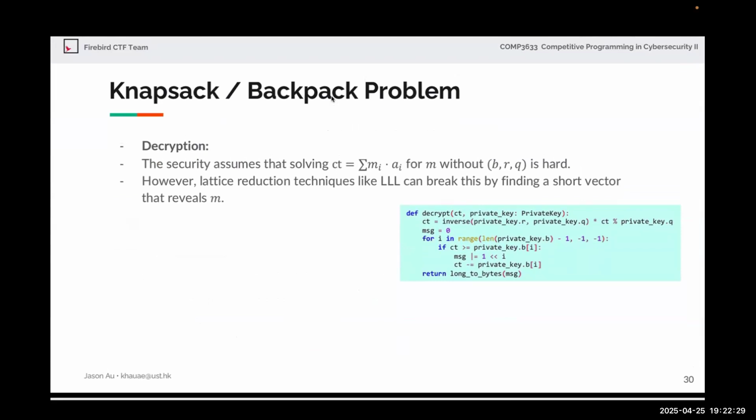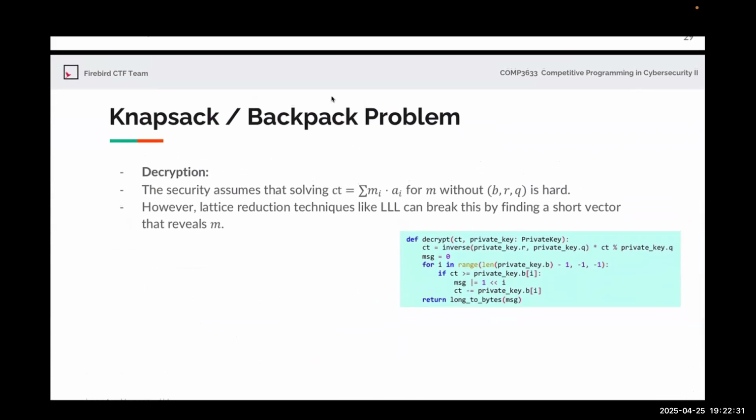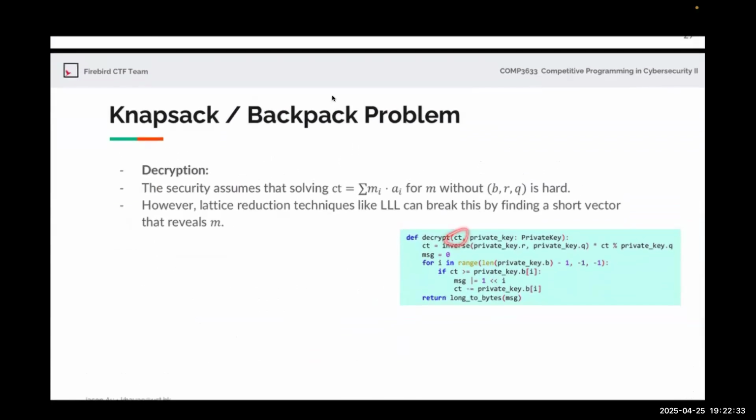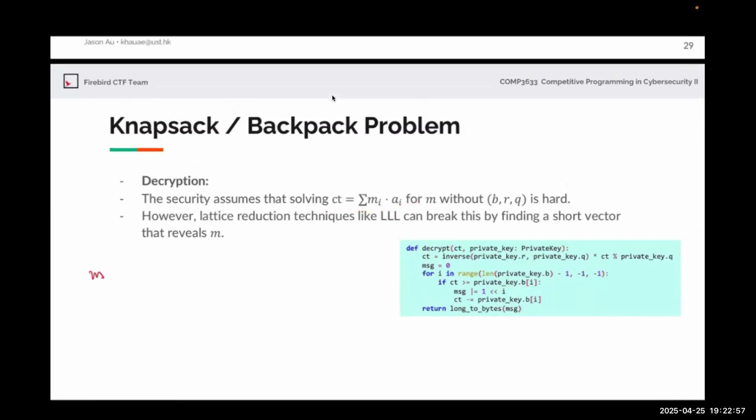And the decryption actually uses the ciphertext and the private key to do the decryption. And the security assumes the ciphertext is a sum over the message, because the message M is mentioned here.